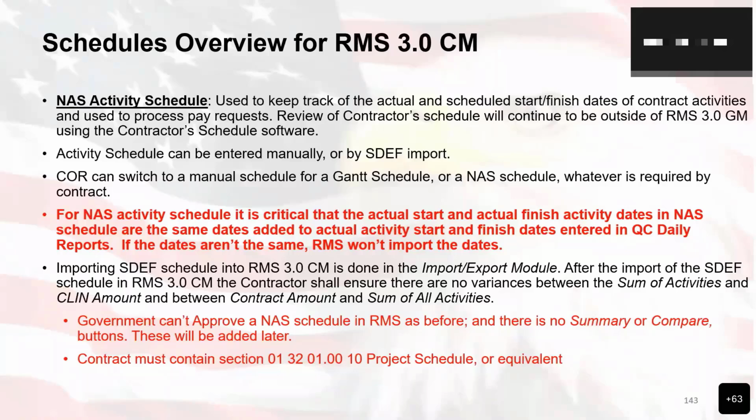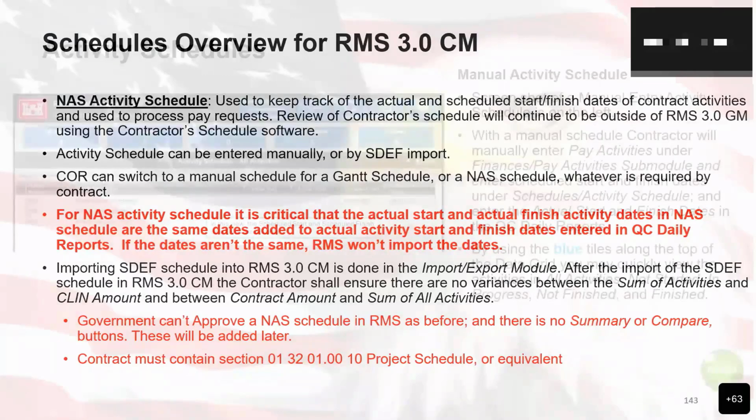There also are no summary compare buttons as there were before. Now you actually go to that report to run those. The contract must contain section 01 32 01.0010, project schedule or equivalent, within your submittal section as well.